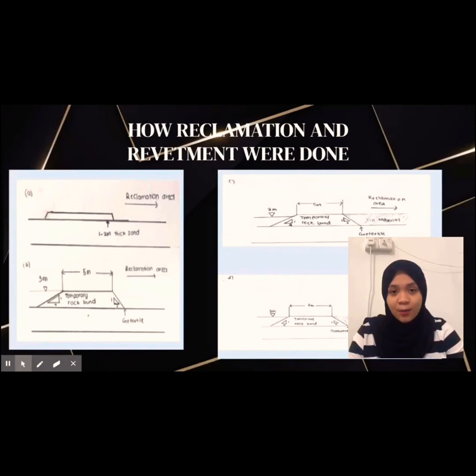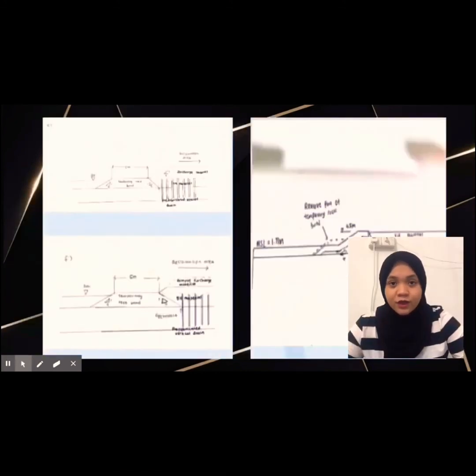Next, pump fill material into the reclamation area to a level just below the bund crest. Next, install prefabricated vertical drains. Then, fill the material to the surcharge, which is 2 to 3 meters above the platform level of 4.5 meters CD, after the installation of the prefabricated vertical drains. Next, remove surcharge material after the surcharge rest period.